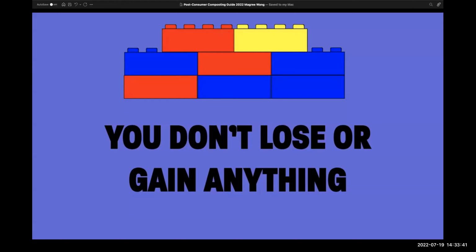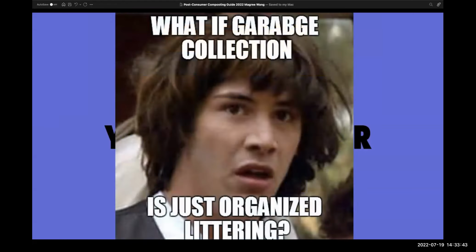And there's this meme: what if garbage collection is just organized littering? So many times we don't really think about how much waste we generate and where it ends up. But it's really something we should consider, and shift to a more sustainable lifestyle.